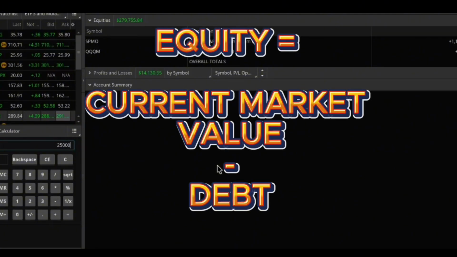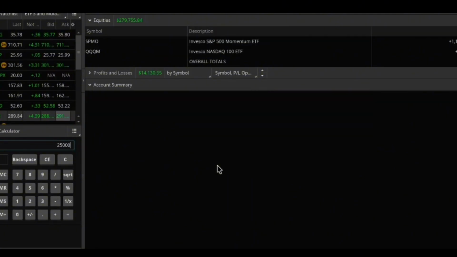And we need at least a 25% maintenance buffer before we get margin called. Before Charles Schwab says, hey, you know what? You're getting too close to your margin debt, and you're getting close to that 25% maintenance buffer that you need. That's when we become at risk of losing our assets, you guys.